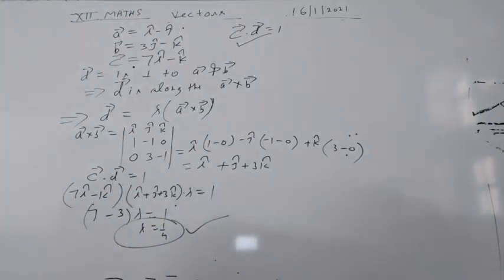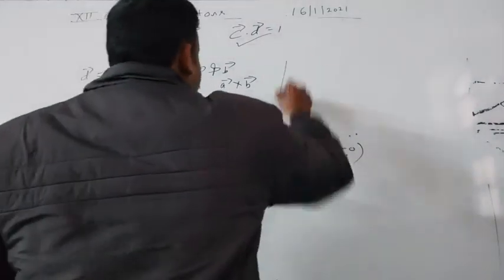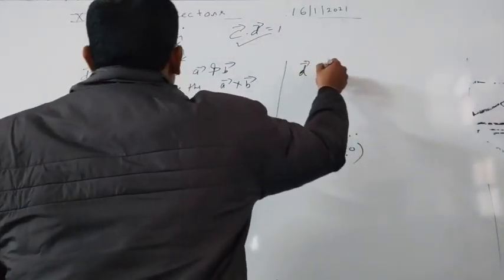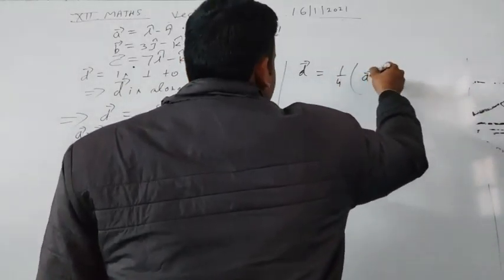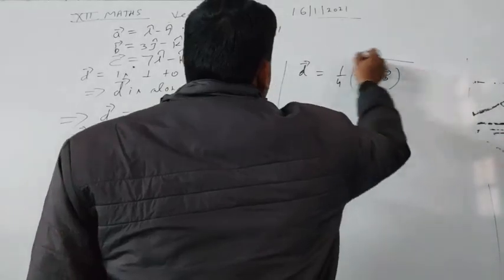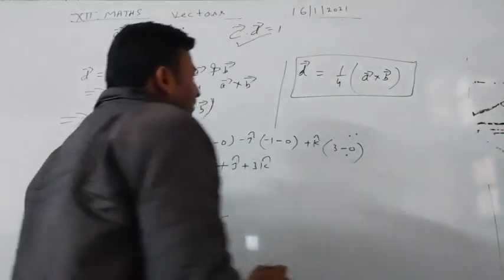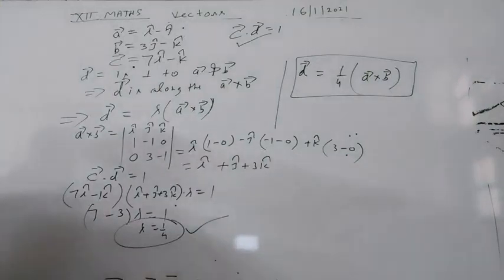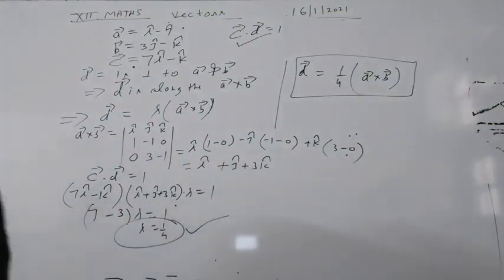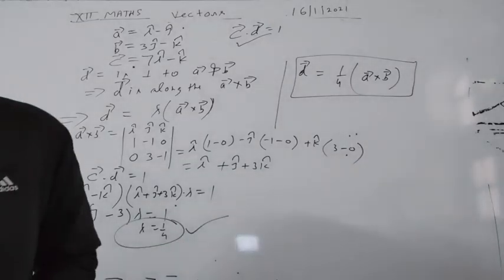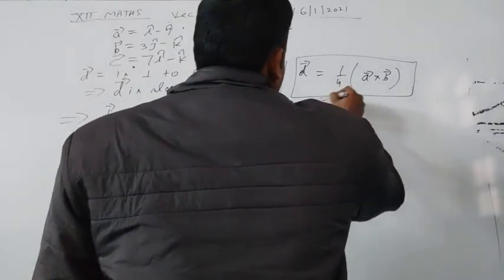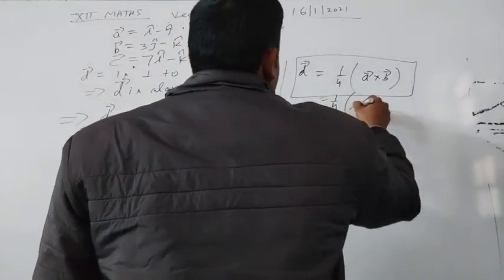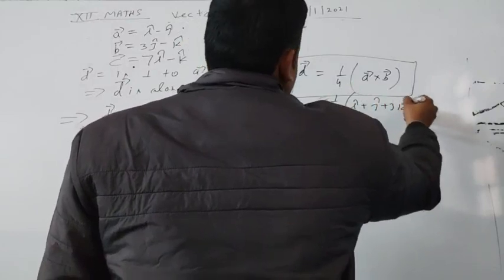Now our vector D will be what? The required vector D is 1 by 4 A cross B, and A cross B is i plus j plus 3k.